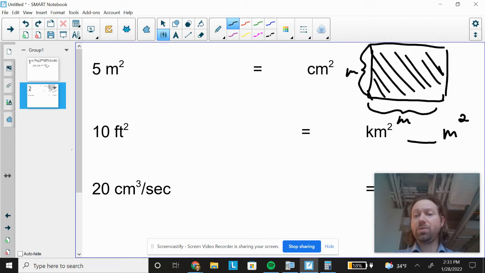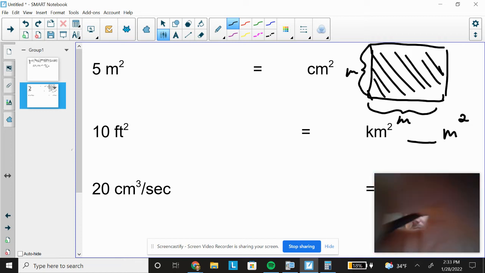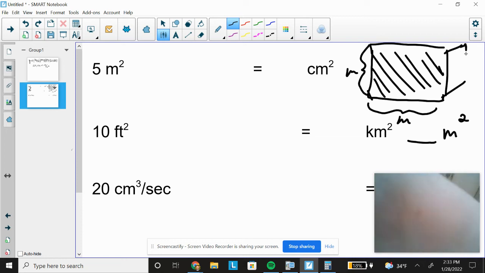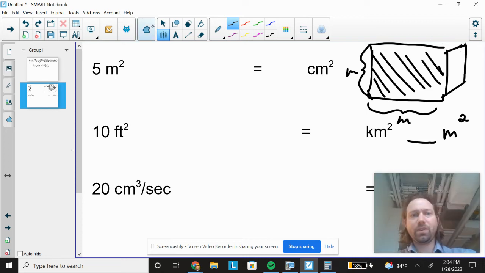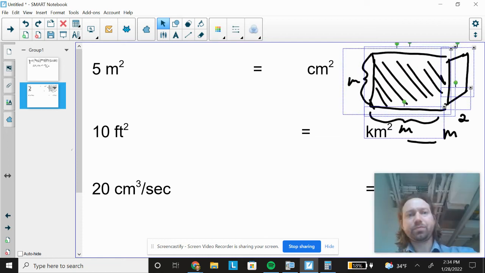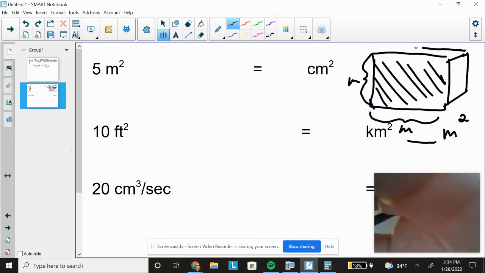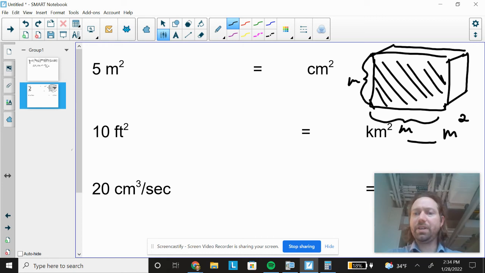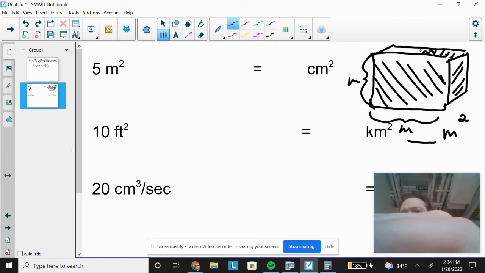And then finally, we also have cubed. So if I had a third dimension here, where we have a cube, like we're filling in a box, let's say, okay? If we were to do that, then we would be figuring out volume. And that's what cubed is. It's creating a volume of a particular space.